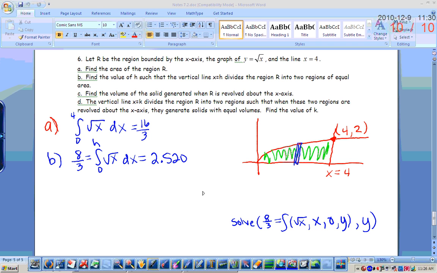Okay, everybody okay with part B? Did you get it in your calculator? Okay. I guess technically the calculator is going to make you put parentheses around this root x also. So don't let that throw you off.